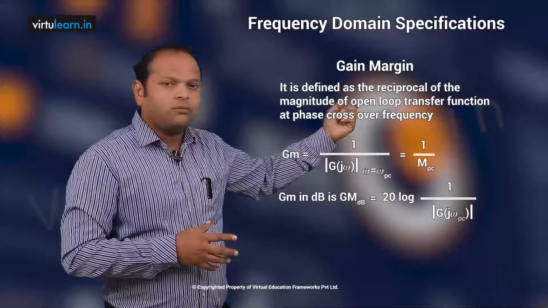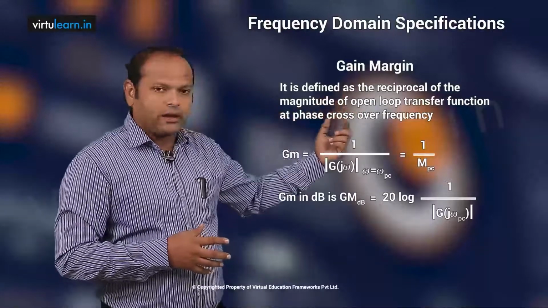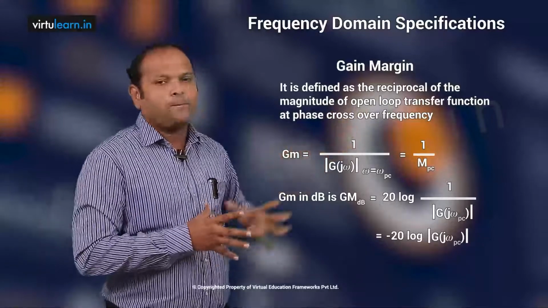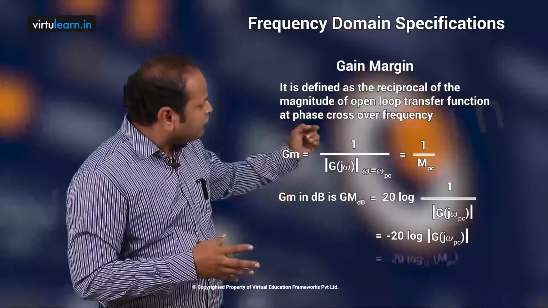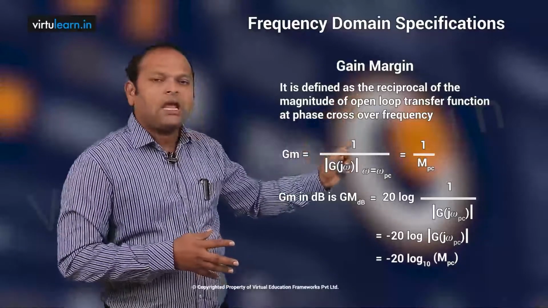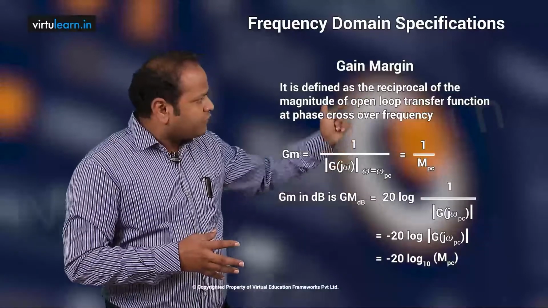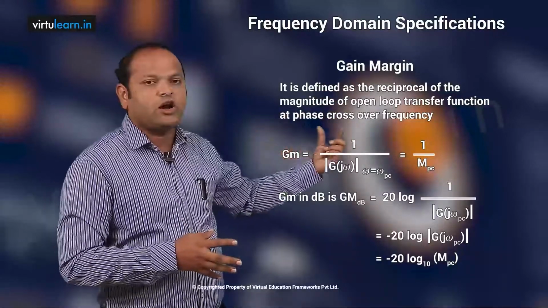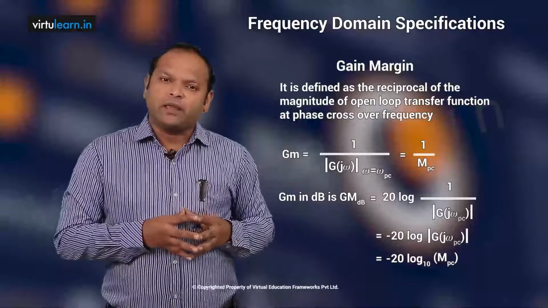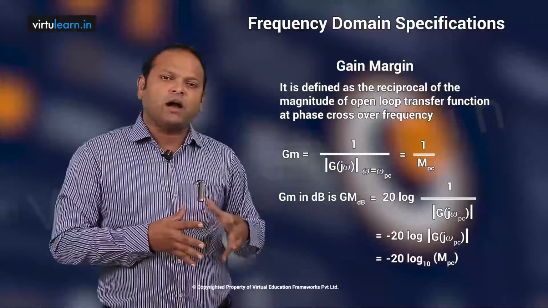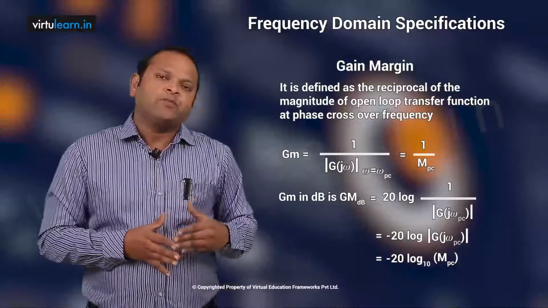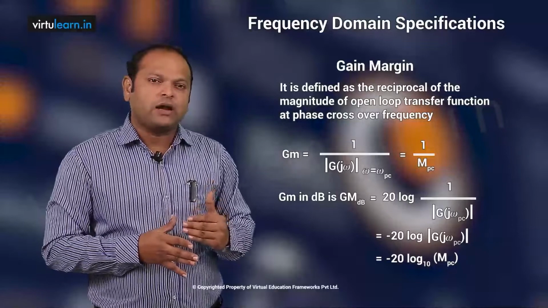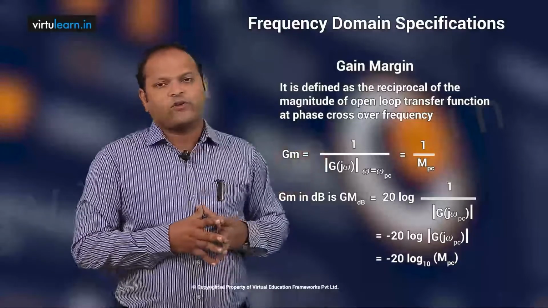That is 20 log10 of 1 over the magnitude of G(jω) at ω_pc, or simply 20 log of 1 by M_pc. Taking M_pc to the numerator gives a minus sign, therefore GM in dB is equal to minus 20 log M_pc, where M_pc is the magnitude of the open loop transfer function GH(jω) at the phase crossover frequency.